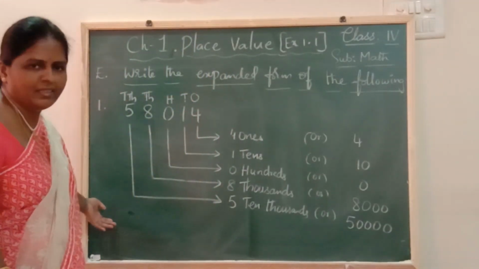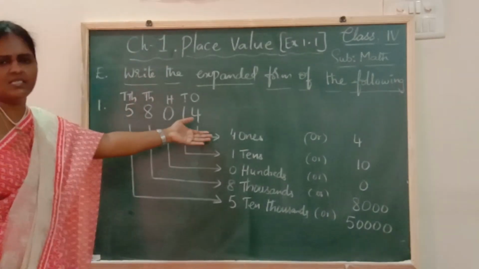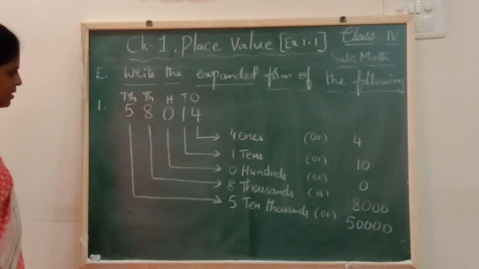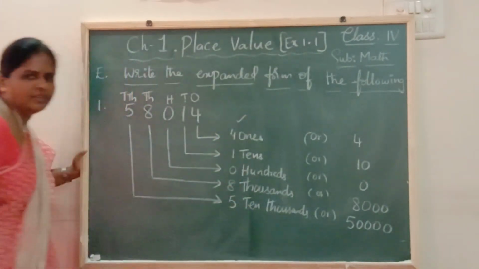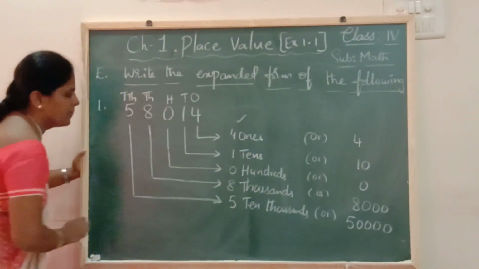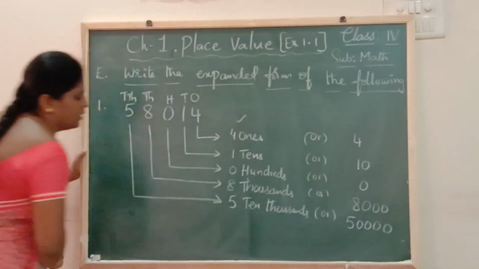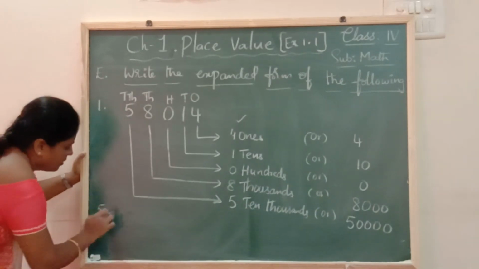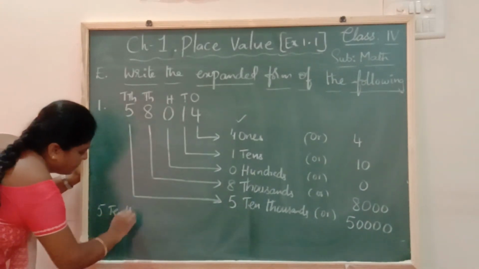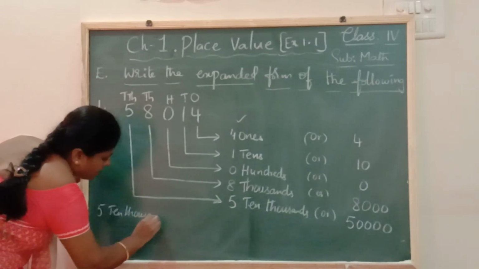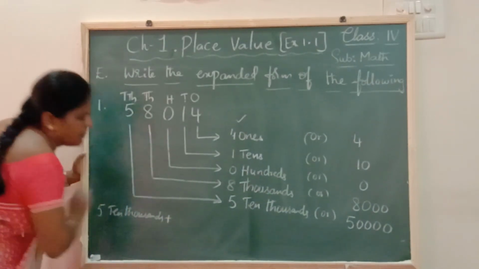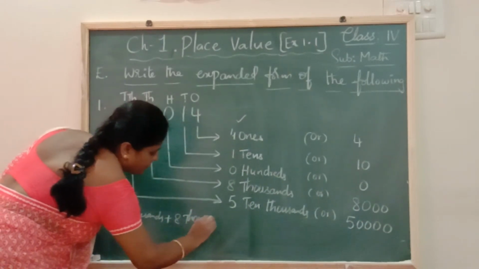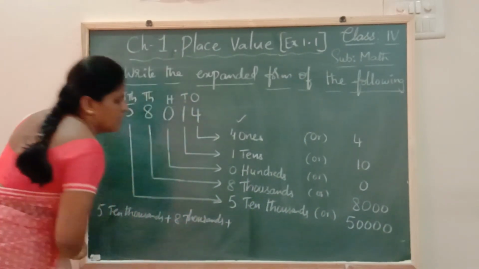So now we will write the expanded form. Okay, we just need to put these things together and write like a statement. So first we are going to use this and write. Let me start with this last one. 5 10,000s plus 8 thousands plus 0 hundreds.